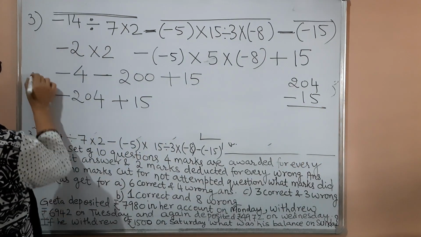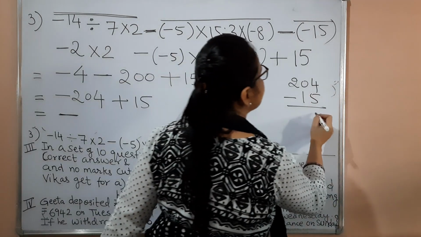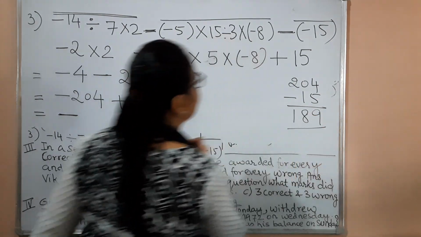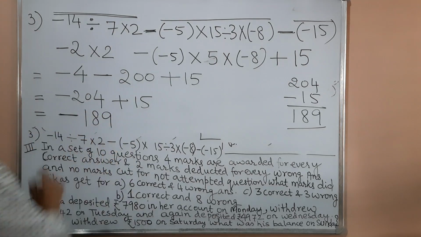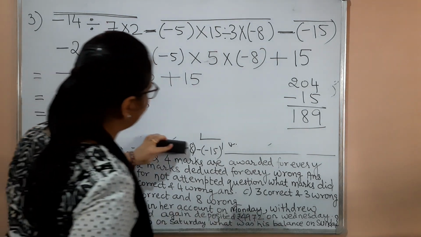That is very sure because loss is more, so answer is loss. How much loss? We have 9 here. 9 minus 1 is 8, 189, and the result is minus 189. This solves our third part of simplification also. Now let us do these word problems also.